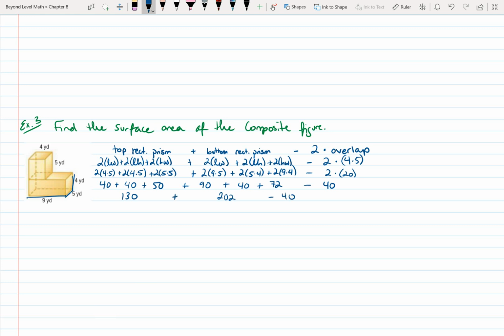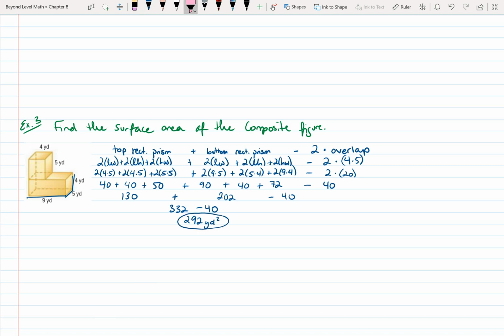Okay, so 202 plus 130 is 332 minus 40. We should get 292. And it is surface area, so it's yards squared.